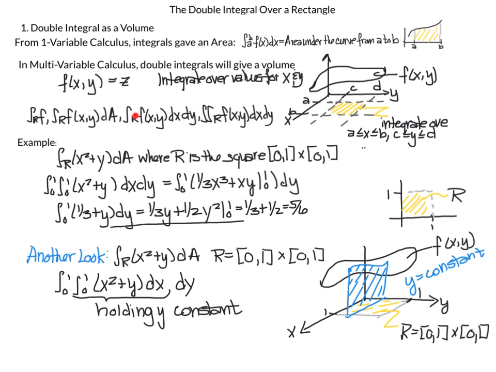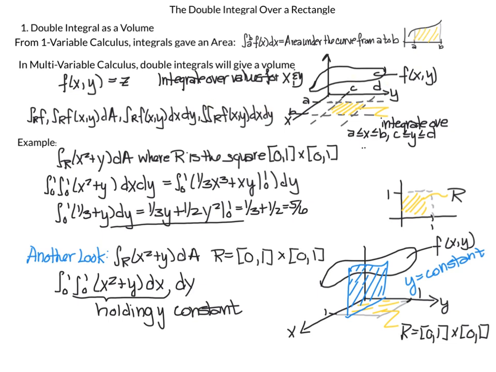Or you can be more explicit, and you could say over R, f of x dx dy, or the most explicit you could do is you have limits of integration. In this case, x will go from a to b, f of x dx, and y will go from c to d.